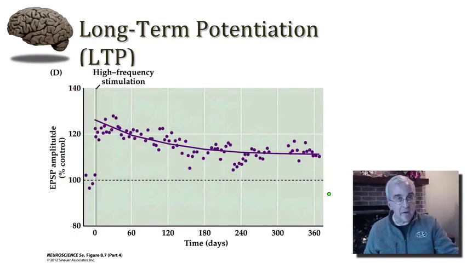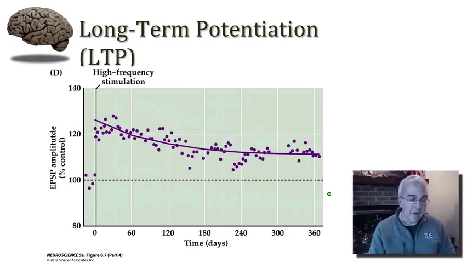And we now have a compelling body of data suggesting that long-term potentiation may indeed be the mechanism by which information is stored across a lifetime. Well, this is not a lifetime, but for a rodent it's still a very long period of time within its lifespan.